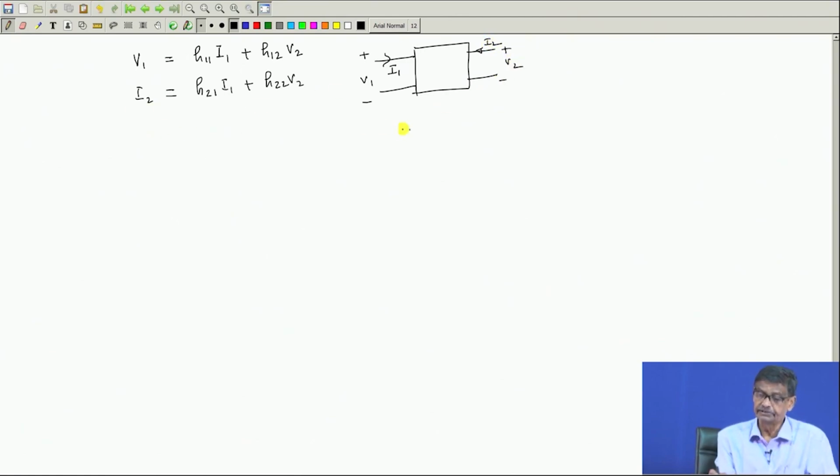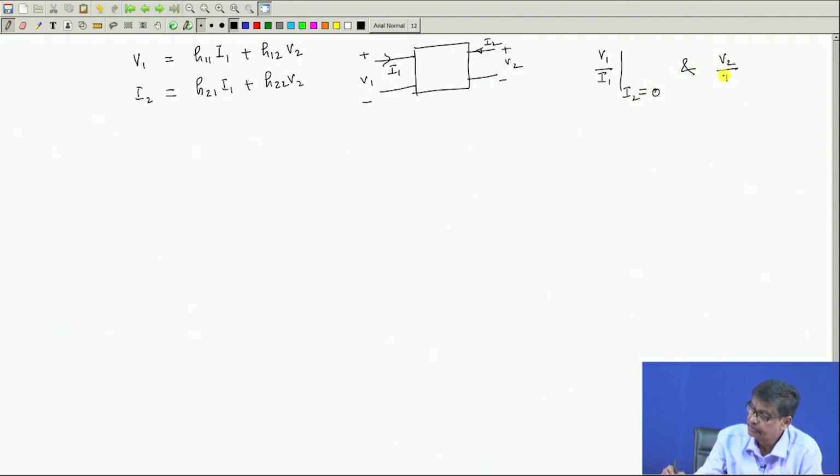Suppose these relationships are expressed in terms of the H parameters, then we know to test the symmetry we have to calculate this V1 by I1 with I2 equal to 0 and V2 by I2 with I1 equal to 0, and I will equate them to get the desired condition. That is what I have to do.